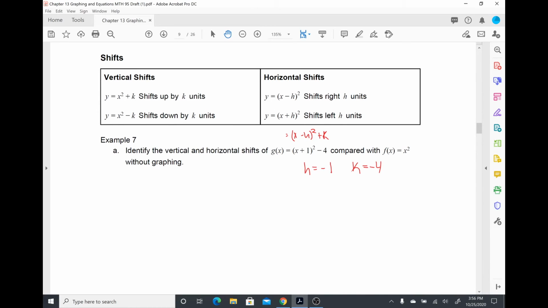We are comparing it without graphing. That's okay, I can do that. I'm looking up here and it says that that would be a shift that is right 1 unit. And then the k is negative, so it would be shifted down 4 units. Fair enough.